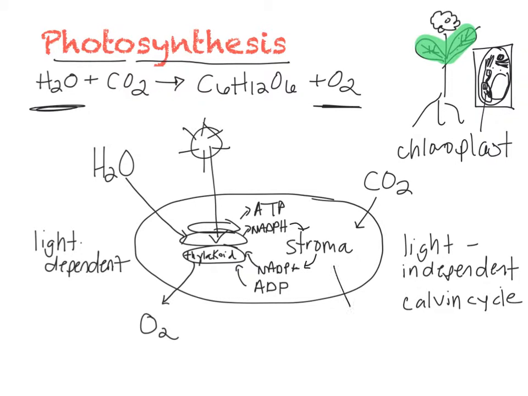So I'm ready to make glucose. And in order to create those high energy bonds, I've got to use the energy from ATP. So we use the energy from ATP to create these high energy bonds, and then ATP becomes ADP again. And that is the light-independent reaction.